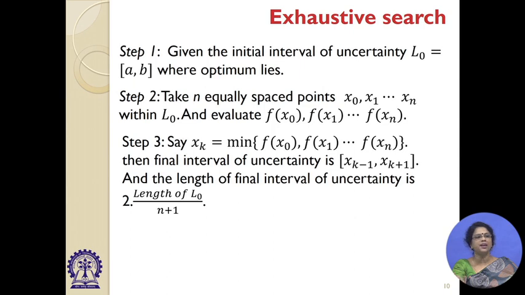It would be 1 by n plus 1. Now, we are searching for the minimum value, so we find the functional value at x naught, x 1, x 2, up to x n. Then at B, we are getting a total of how many points? n plus 1 plus 1, that means n plus 2 points where we get the functional value.